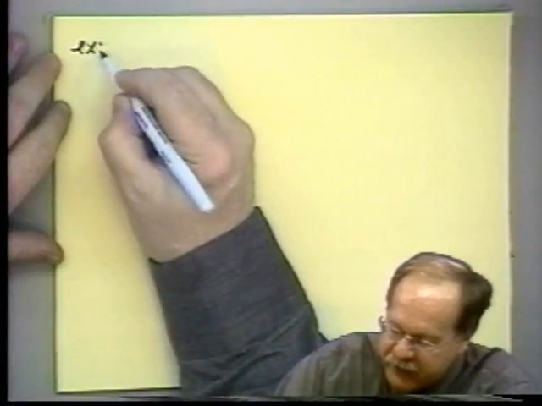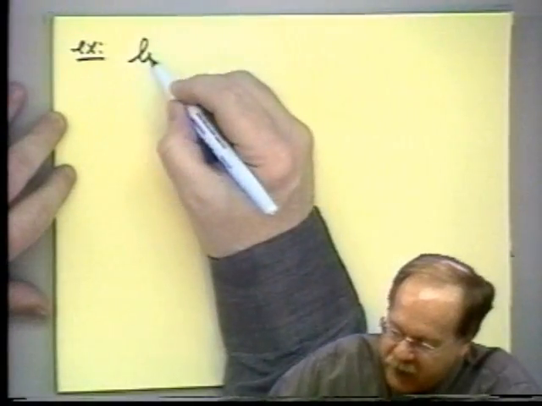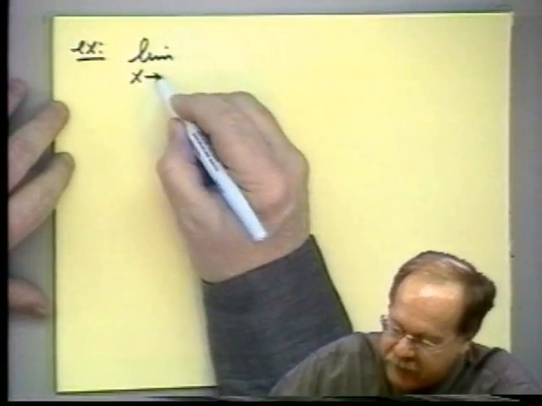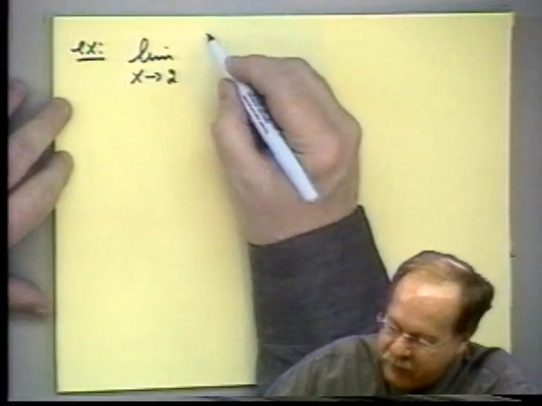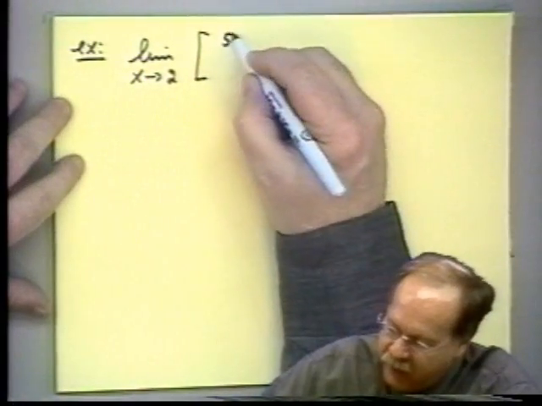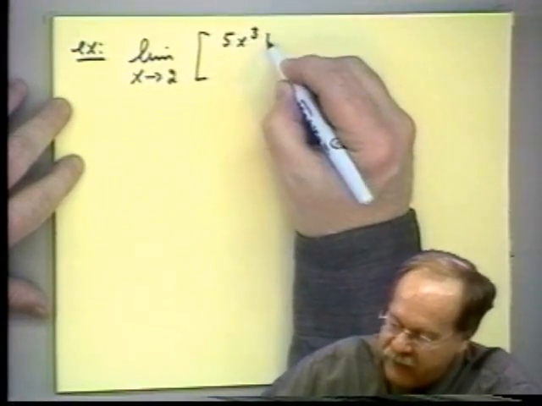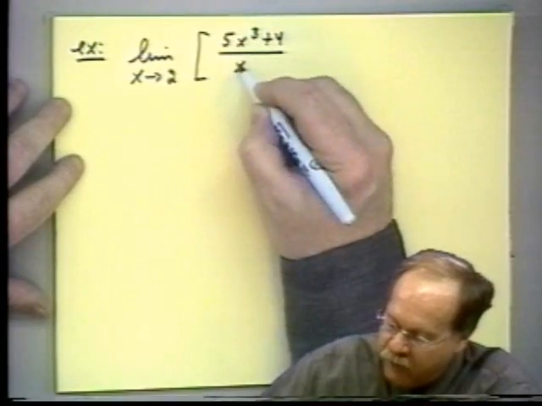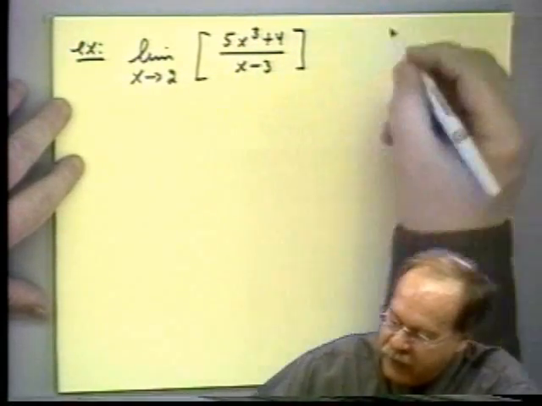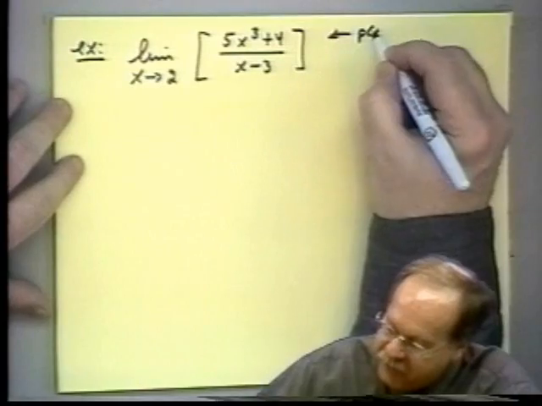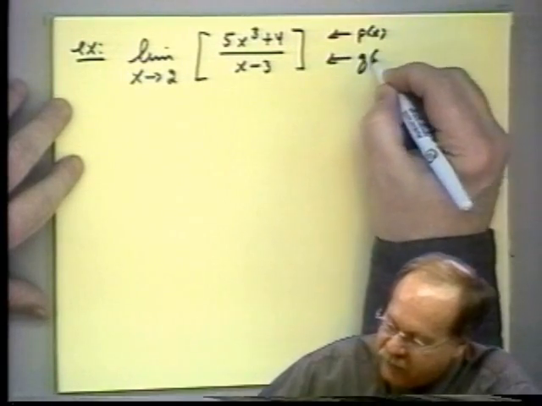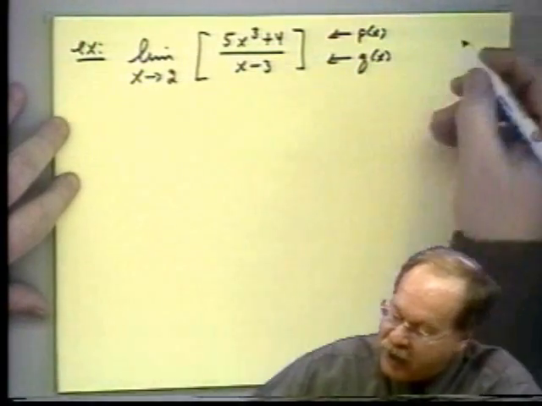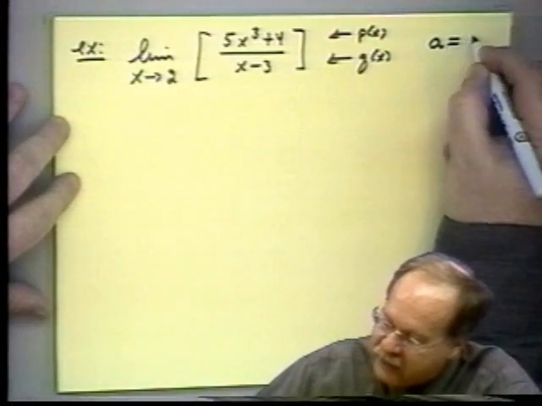So for this first case, let's take an example. This will also give us a chance to work out some problems using limits. Let's take the limit as x approaches 2 of a simple rational function, 5x cubed plus 4 over x minus 3. Now, remember the top is p of x, the bottom is q of x in our former notation, and here the letter a is 2.